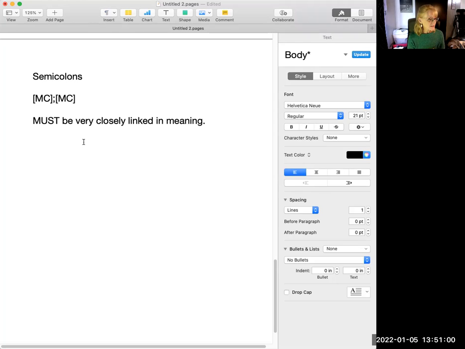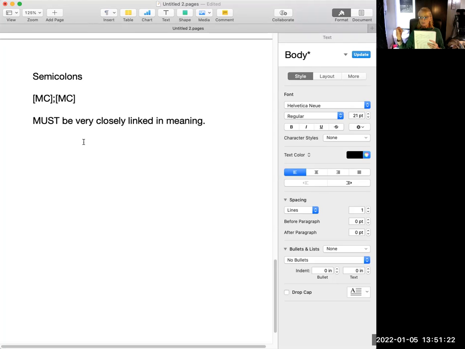They give you some examples of when you can use them on page 40. If you look, it says semicolons are especially useful to join main clauses that are parallel in structure.